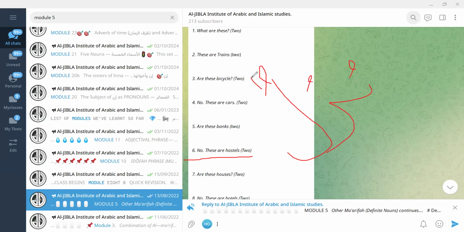So the word Nuzul is correct, but it's not necessarily used commonly for hostels. Nuzulan min Ghafurin Rahim. Nuzul is something prepared for a guest, might be a place or something. A nuzul is one of the things that Allah promised the people of Jannah when they get into Jannah.